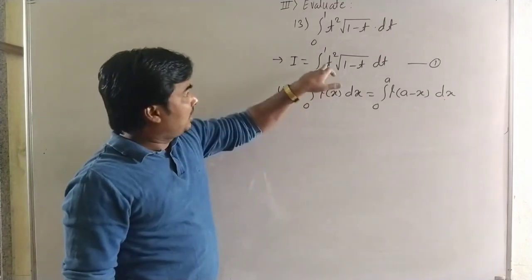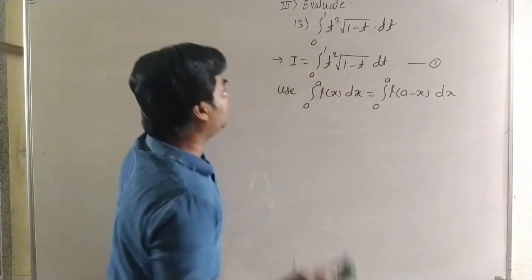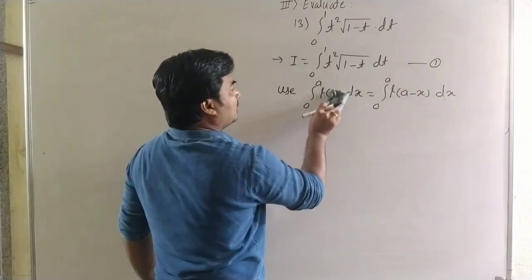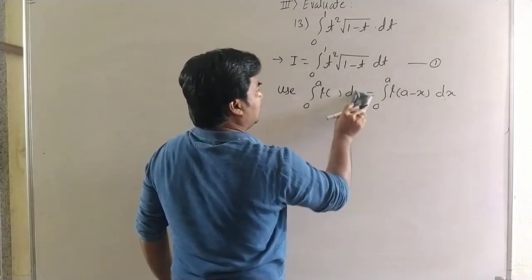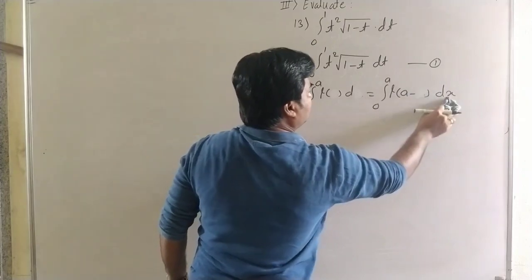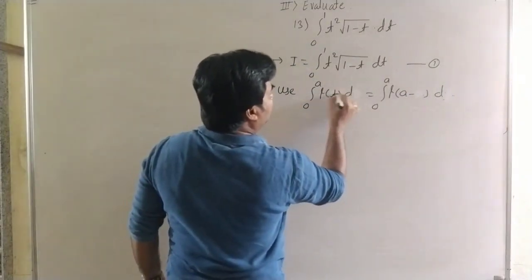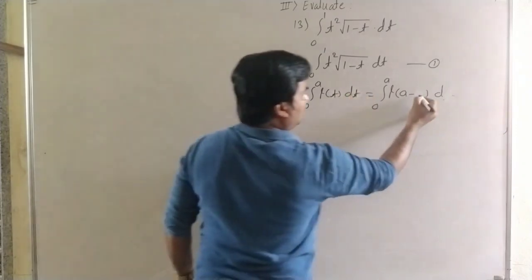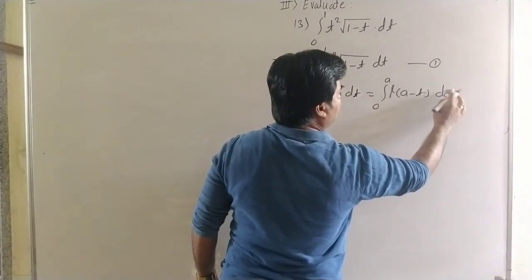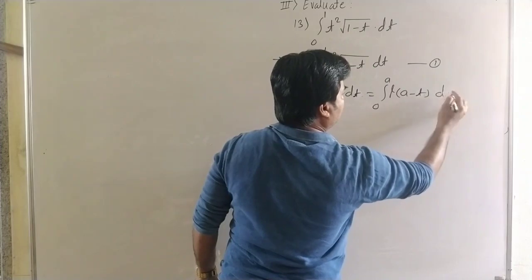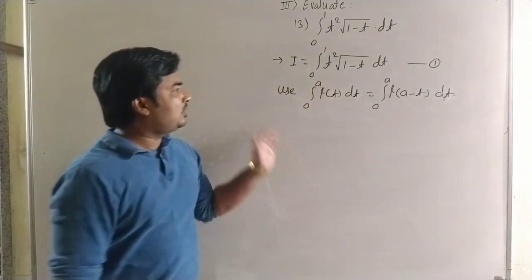Now here the question is in the variable t, so we can write x replaced by t. Here the integral of f of t dt is equal to the integral of f of a minus t dt.